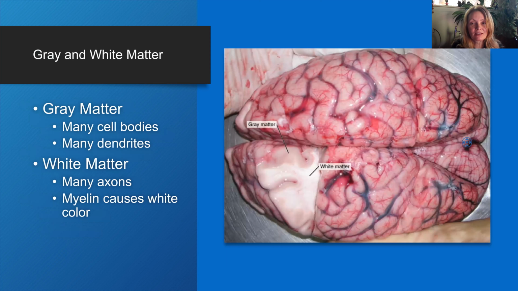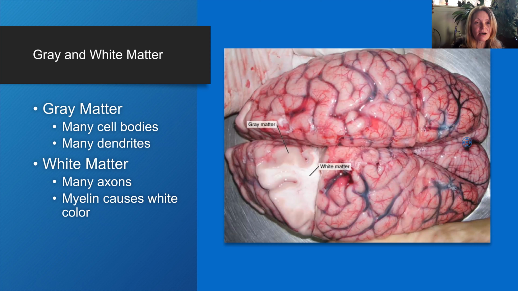Now, in this picture you see a human brain and a little portion of it, and you can notice that some parts of the brain look darker and other parts look lighter. That's how we differentiate between gray and white matter. What is gray matter?